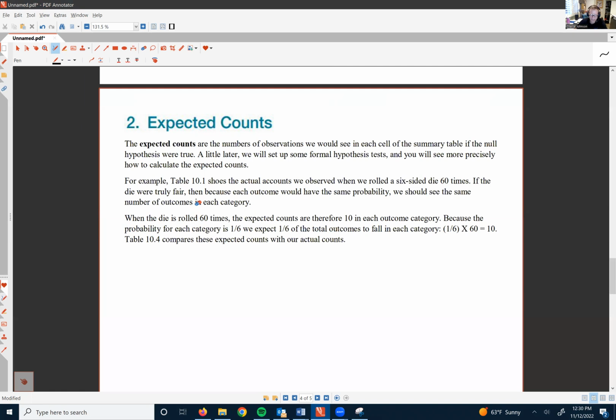When the die is rolled 60 times, the expected counts are therefore 10 in each outcome category. That's because each respective probability for the category is 1 out of 6. We expect 1 out of 6 of the total outcome. So we had 60. 1/6 of 60 is 10.